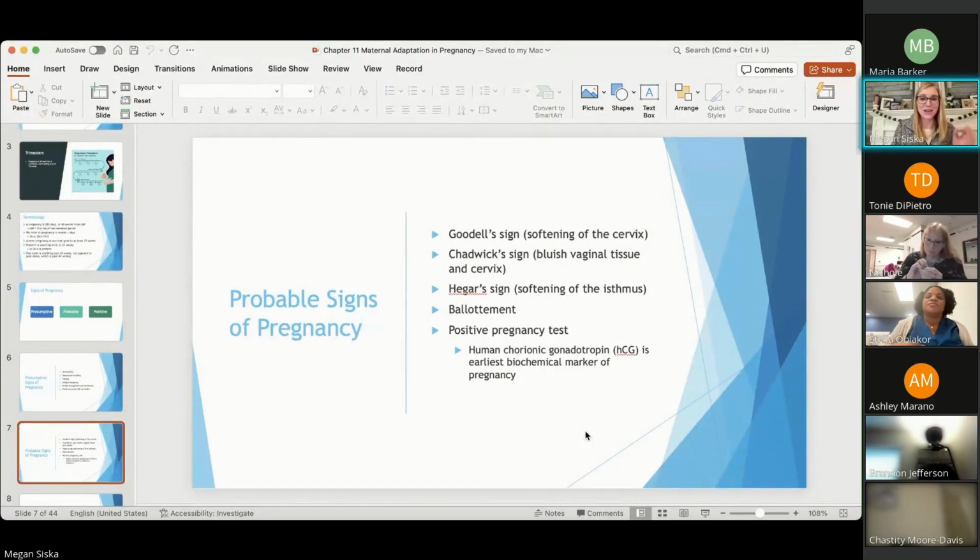And then even a positive pregnancy test, you would think, well, you're pregnant. You've got to be if you got a positive pregnancy test. So a pregnancy test measures HCG, the pregnancy hormone that you probably are all familiar with. And it is the earliest marker of pregnancy, but there are actually a few conditions that also produce HCG and can give you a positive on one of those urine pregnancy tests or a blood test.